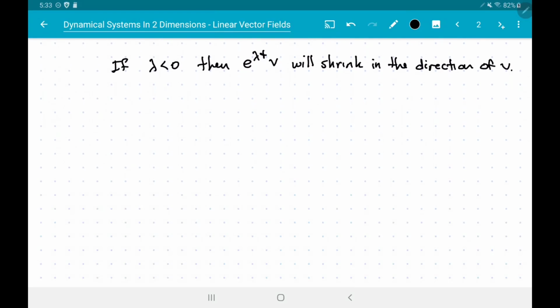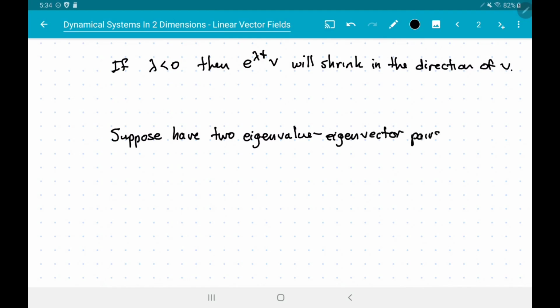Now suppose that we have two eigenvalue-eigenvector pairs. So A times v1 equals lambda 1 v1, and A times v2 equals lambda 2 v2.